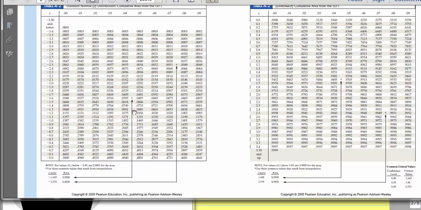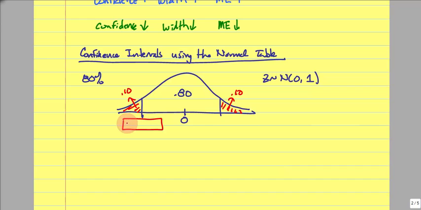Looks like I'm getting pretty close here. Ooh, look at right here, 0.1003. So if I trace back, that looks like negative 1.2, and then all the way up to the top would be 8. So that's going to give me a value of 1.28. Now, because I'm below the mean, it's a negative 1.28.